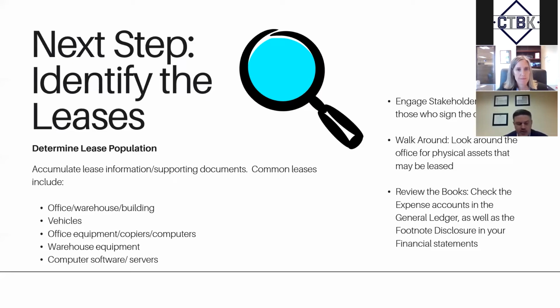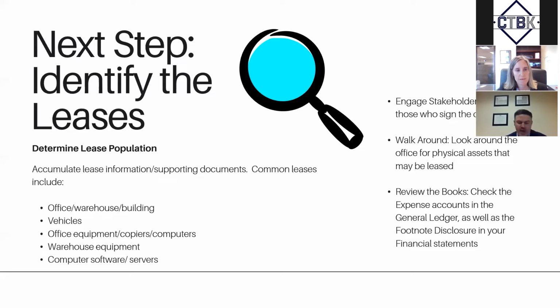You'd also want to consider vehicles, whether it's company cars or delivery trucks. Office equipment, copiers, computers, postage meters, for example. Also consider your warehouse equipment, forklifts, computer software, servers, all of those types of items. Those would be the standard items in the first area where you would really want to start.